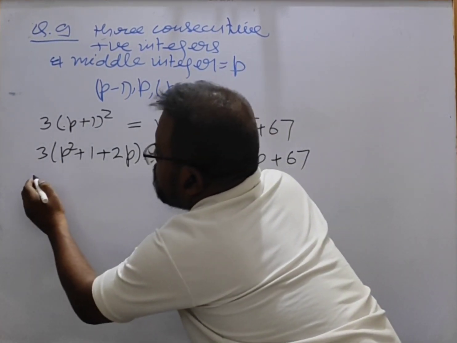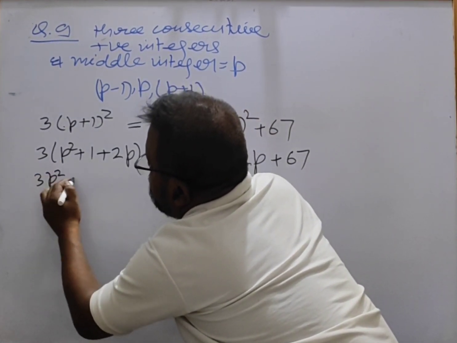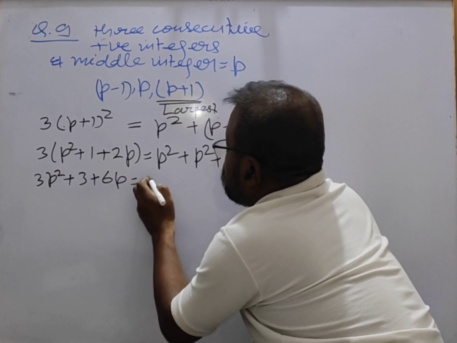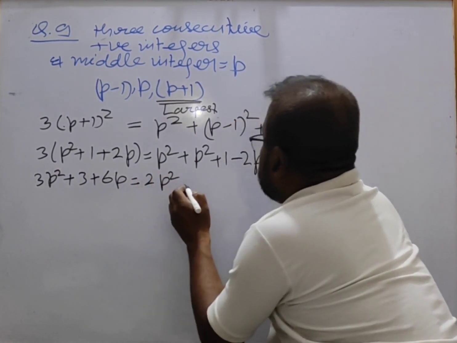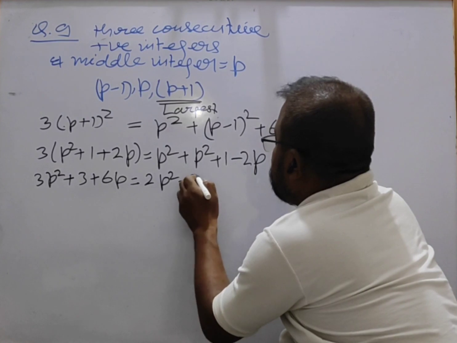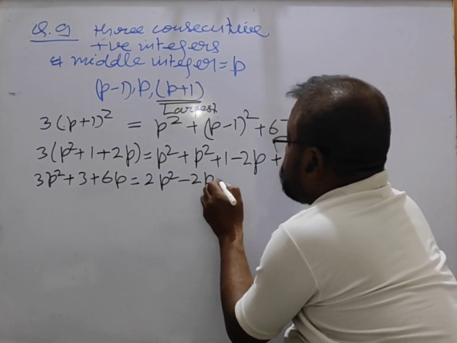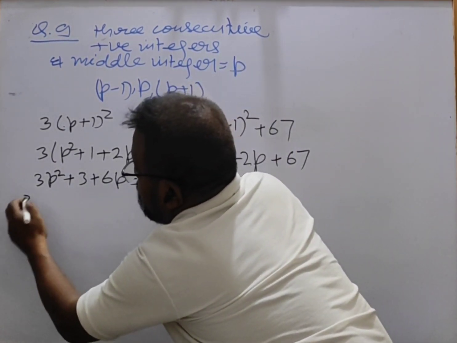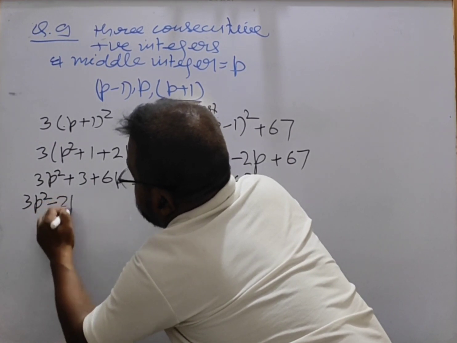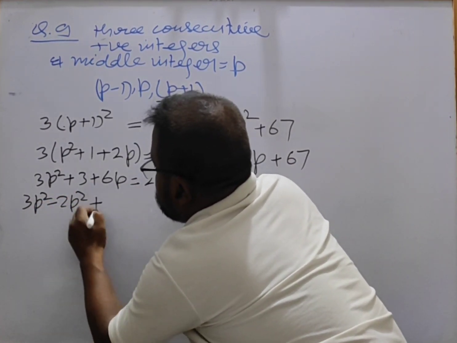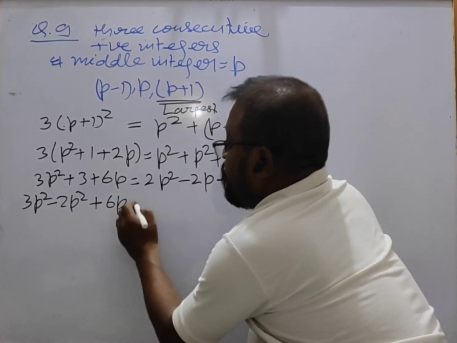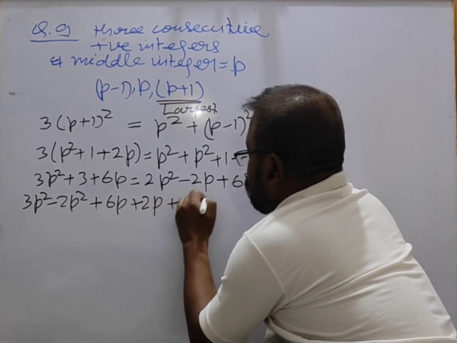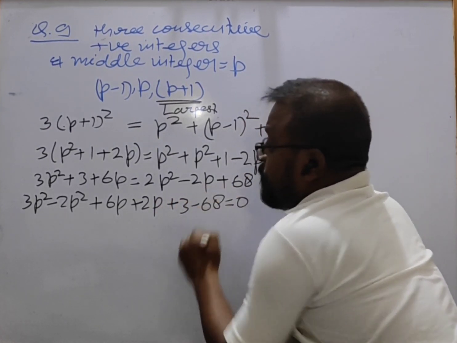So this is 3p square plus 3 plus 6p is equal to 2p square minus 2p plus 68. Getting? Now bring this on the other side. 3p square minus 2p square plus 6p plus 2p plus 3 minus 68 is equal to 0.